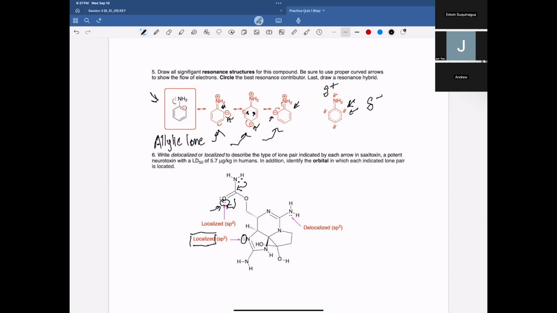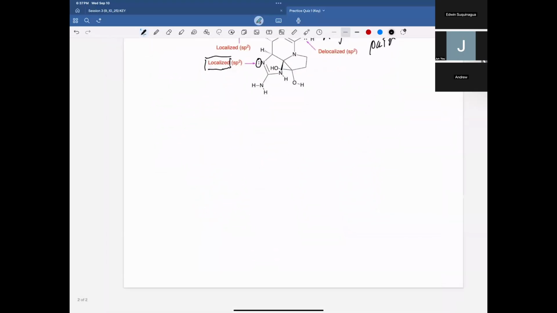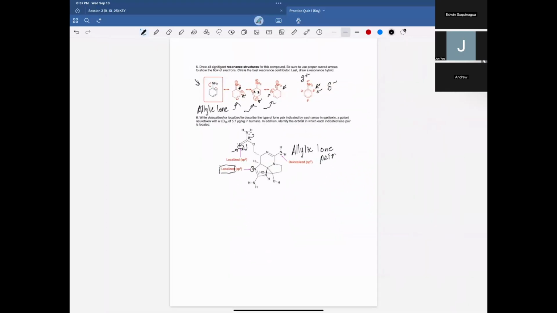Yes, thank you. So to summarize, if electrons can do resonance, they are delocalized. If they cannot do resonance, they are localized. Okay, that's the end of that.